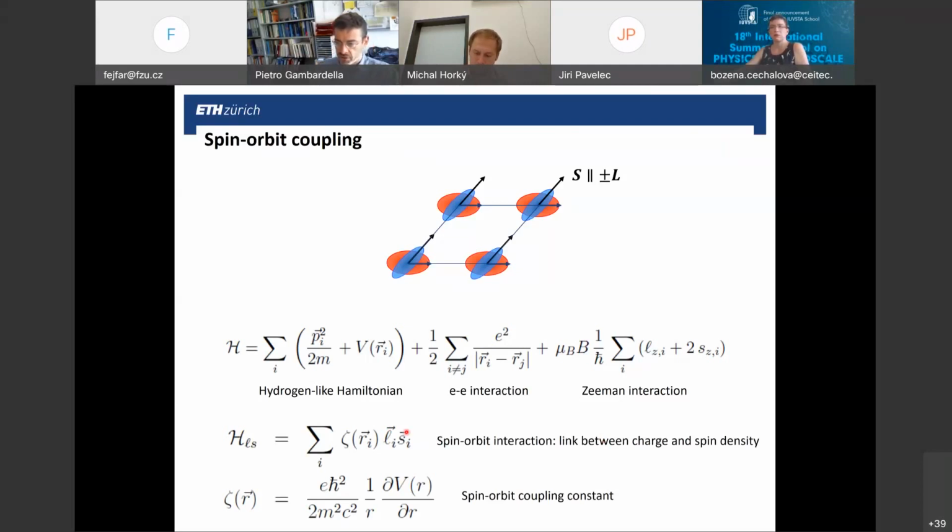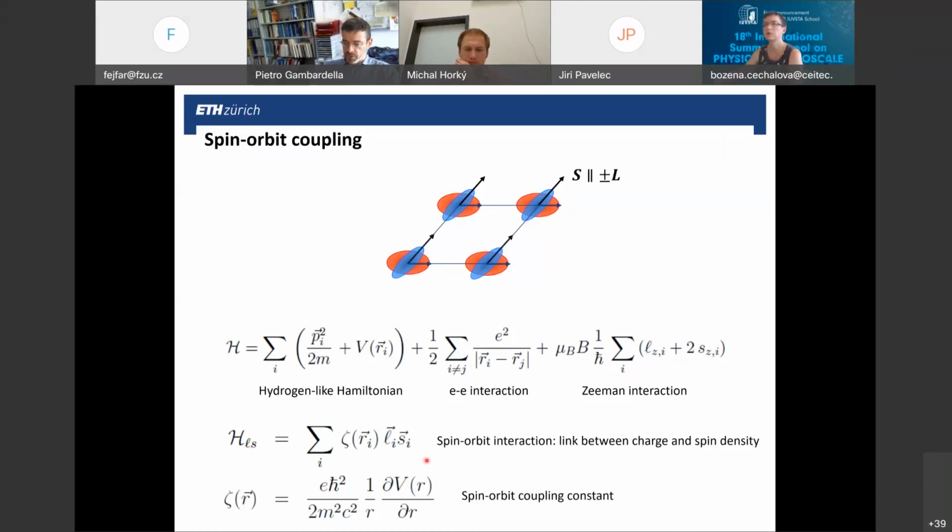And it turns out that in an atomic system, this coupling, which is exemplified by a spin-orbit coupling constant, is proportional to the gradient of the electrostatic potential at the position of the electron. So it's something that also depends on the nuclear mass of the atom.